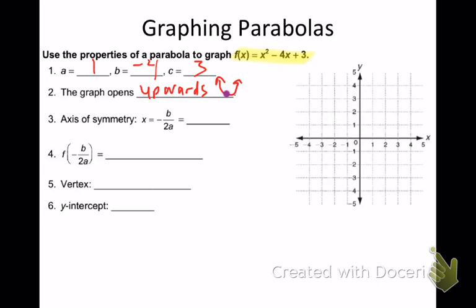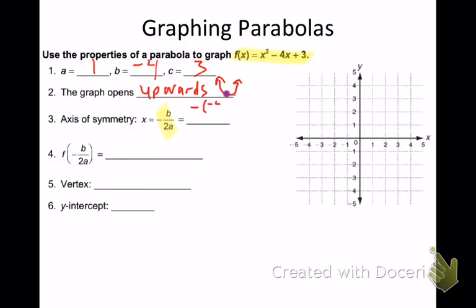Okay. Number 3 says find the axis of symmetry. So axis of symmetry is negative b over 2a. So what is b here? What's my b term? Negative 4.